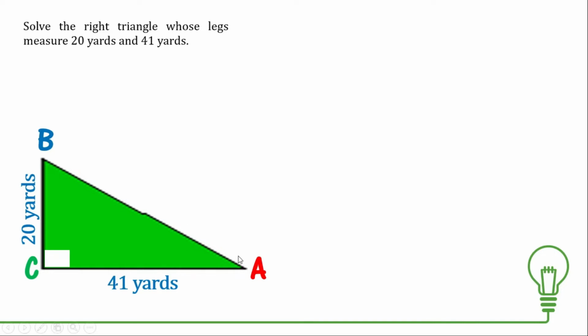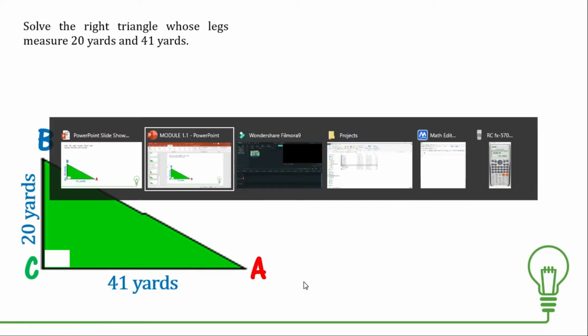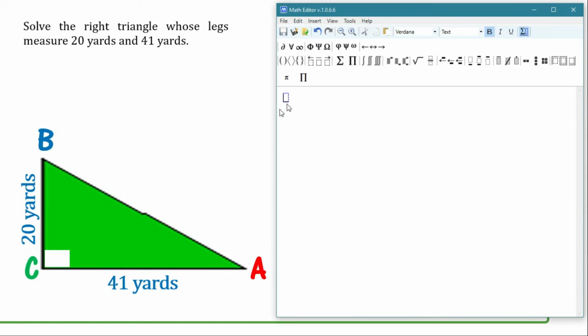Okay, so medyo realistic naman po yung ating illustration. So what we are going to do next, tulad ng sinabi natin dun sa discussion on the first part of the previous video, is for us to state the given. Ang given natin ay si 20 yards.